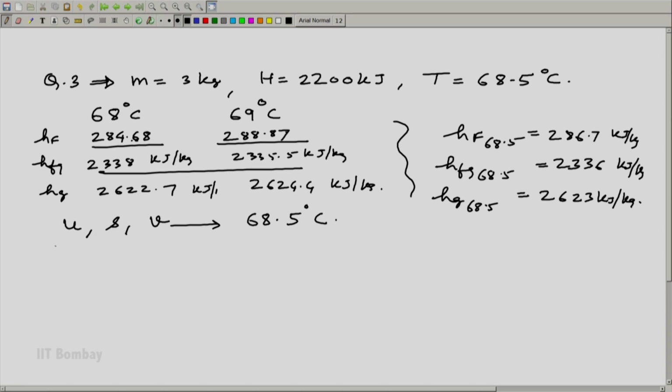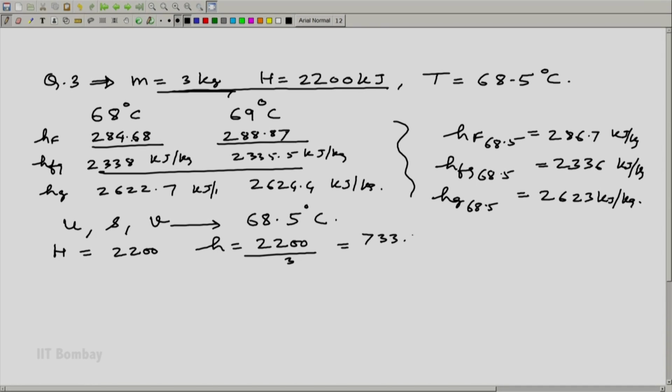Now we know that H is given as 2200, but the values in our case are given for 3 kg. So what we have to do is, H is equal to 2200 divided by 3, and that is 733.33 kilojoule per kg.